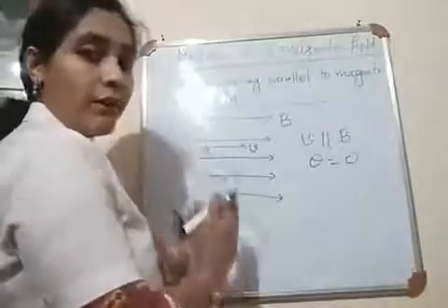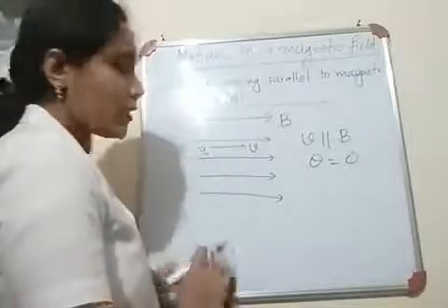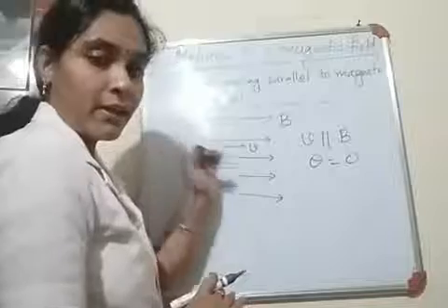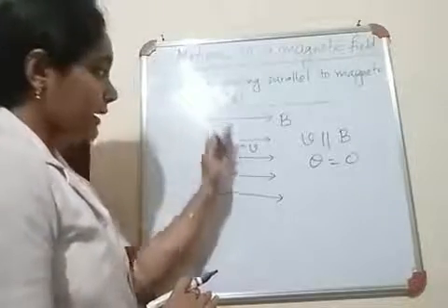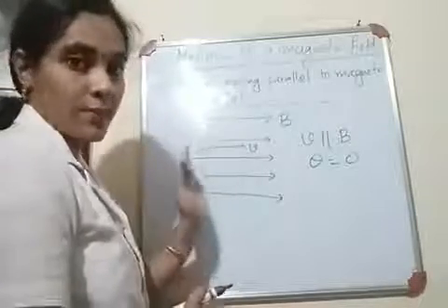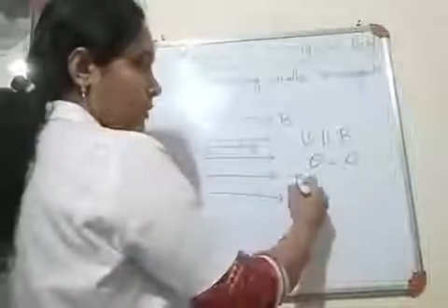Now what will be the force experienced by this charged particle? Because this charged particle is moving, it will behave like a magnet, and when such a magnet enters a magnetic field, it will experience a magnetic force. So what is the expression of our force?